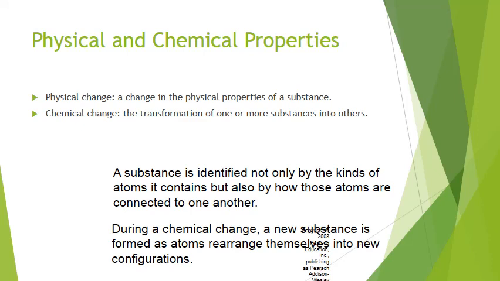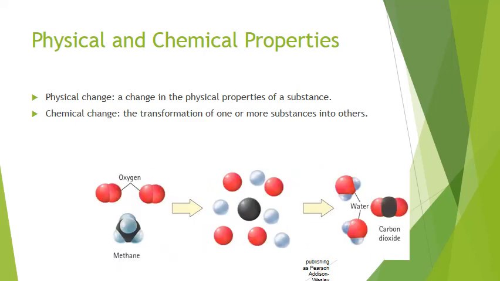So quite often in a physical change, the atoms really don't change. They might change how they are bonded together with other atoms or molecules, but there are no new substances created. In a chemical change, that is the case. So for example, combustion is a chemical change. Why is that?